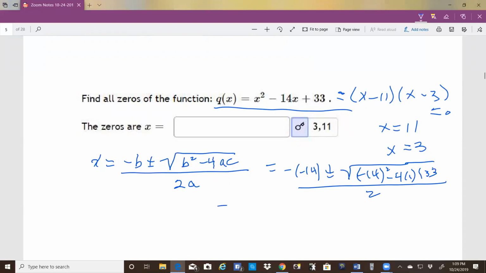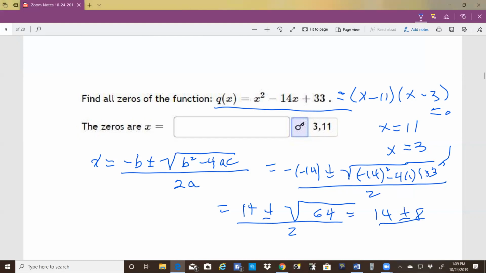So this will be 14 plus or minus, if you calculate this, it's the square root of 64, over 2, which is 14 plus or minus 8 over 2. And if you do that, you get either 11 or 3.